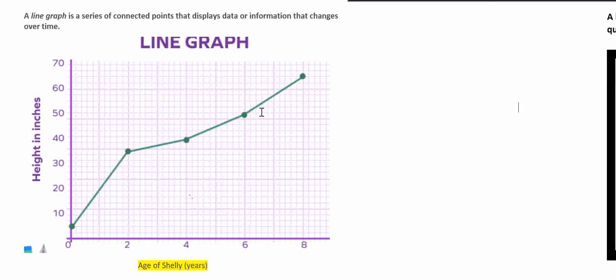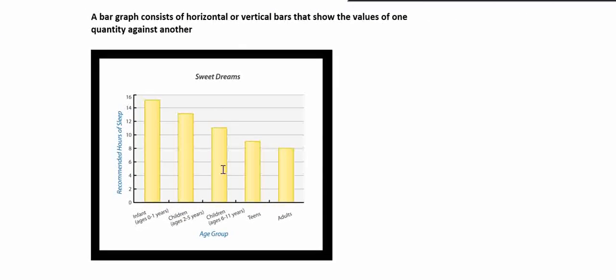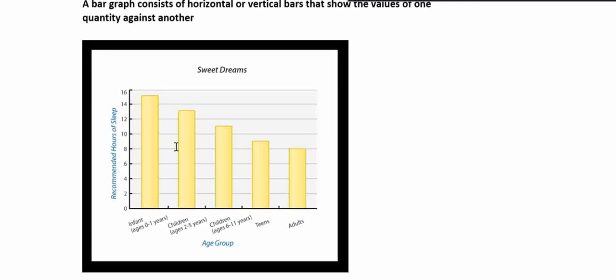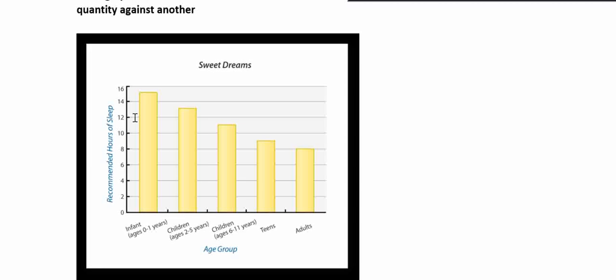Next, what about a bar graph or bar chart? A bar graph consists of horizontal or vertical bars that show the values of one quantity against the other, so it should be discrete data. The example here is age group and recommended hours of sleep, which are whole numbers. Infants aged 0 to 1 years need 15 hours of sleep.